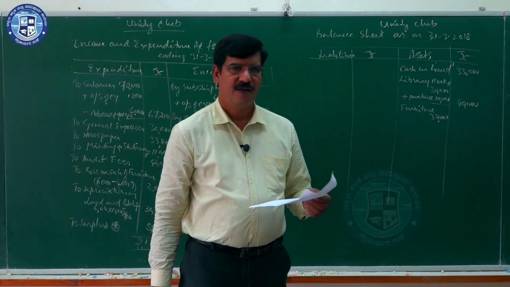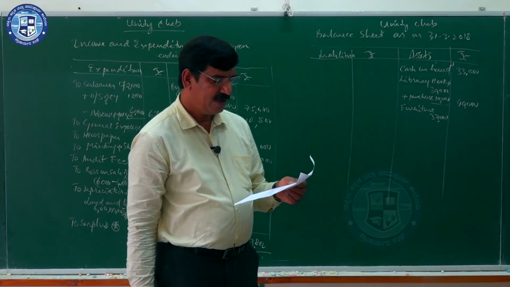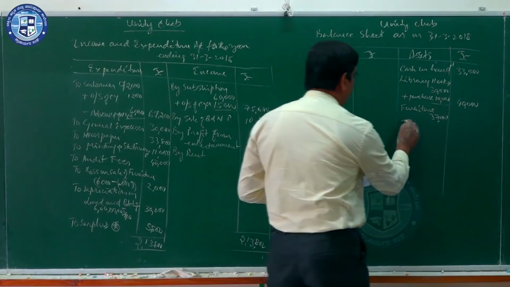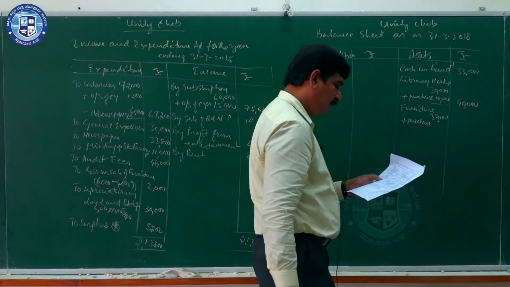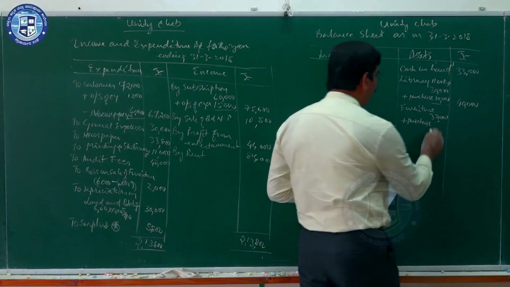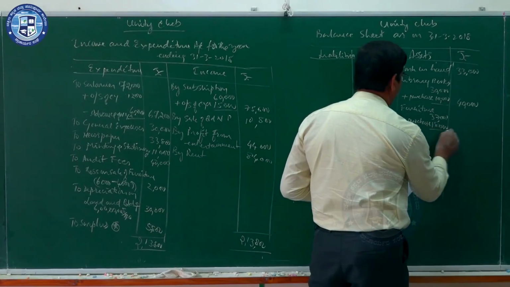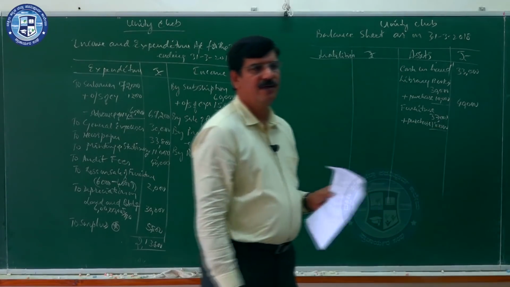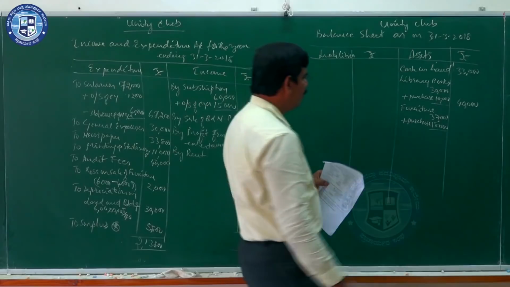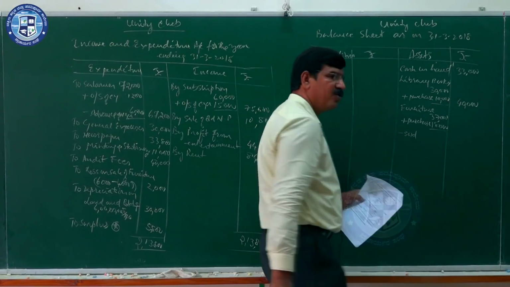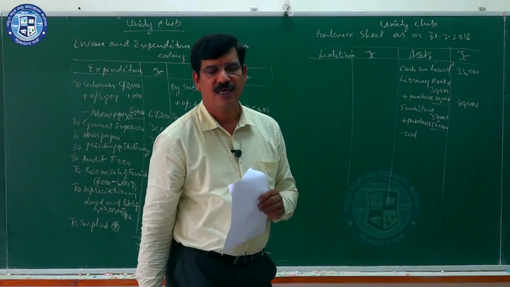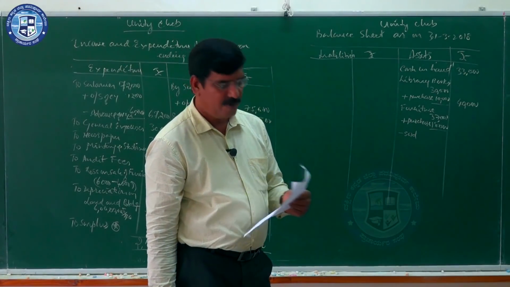And look at the payment side. Is there any furniture? Yes, the first item, plus purchase or addition. Purchase of furniture 18,000, and from this you have to deduct the cost of furniture sold, which is given in the receipt side of recent payments account.